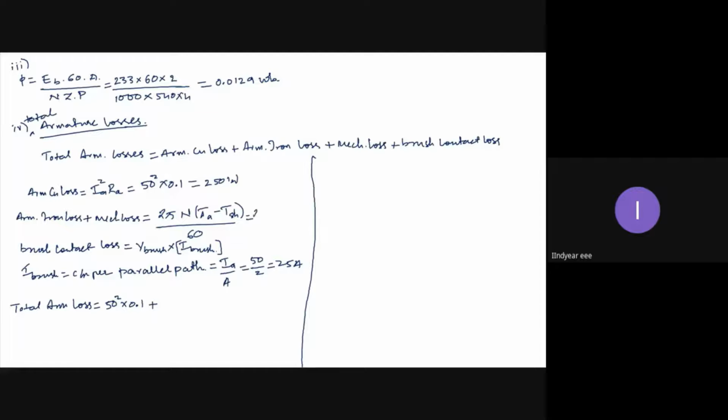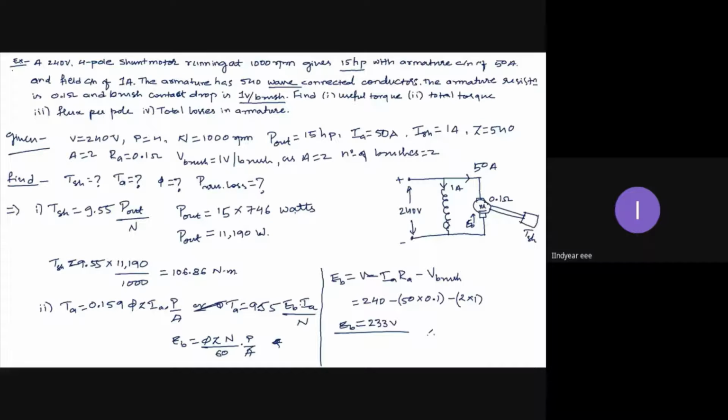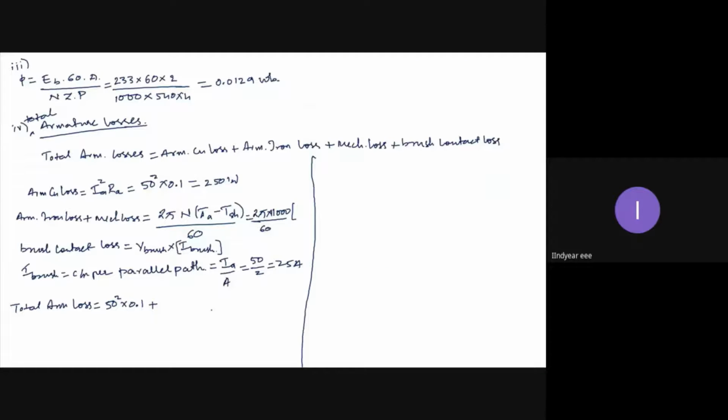So this is equal to 2 pi into 1000 divided by 60 into Ta. We haven't calculated Ta yet. So we have to calculate Ta.